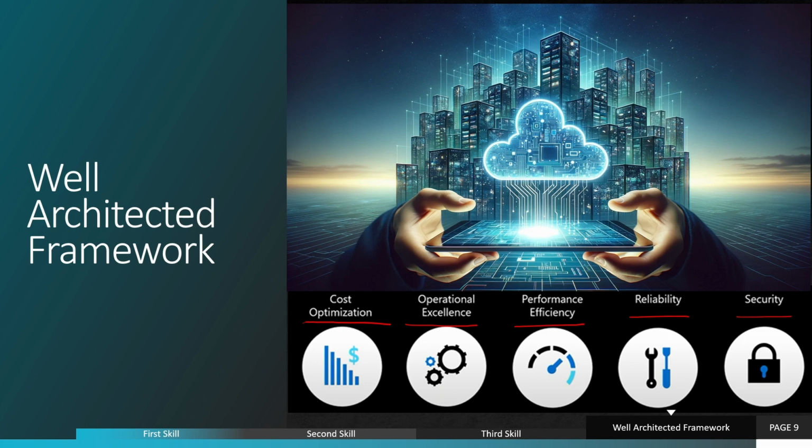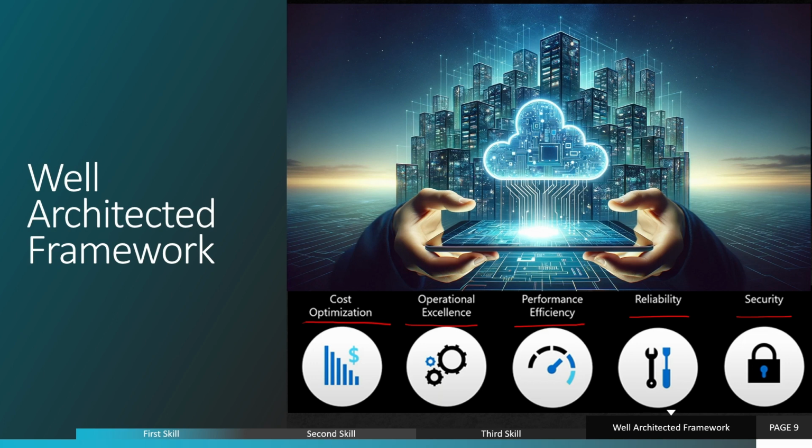So these pillars cover the essential aspects of cloud development and operations, and it provides design principles, questions, and metrics that help us to assess and improve the quality of the solution. It also offers a variety of tools, resources, and documentation that support the implementation of the suggestions and the achievement of the goals.